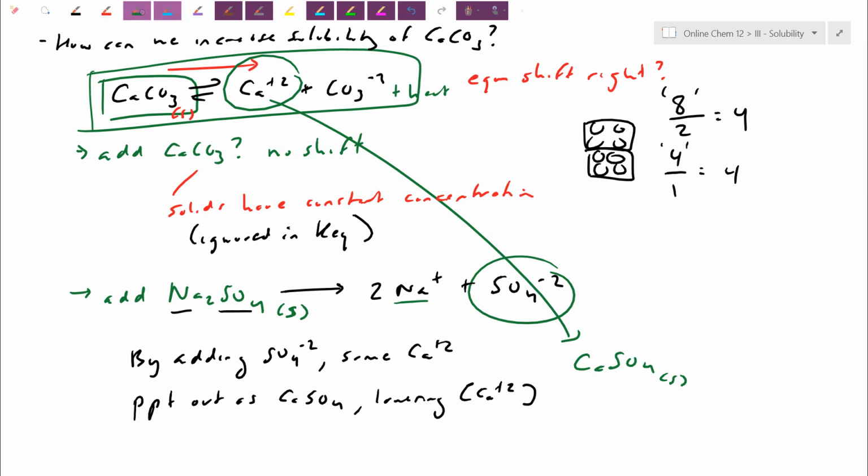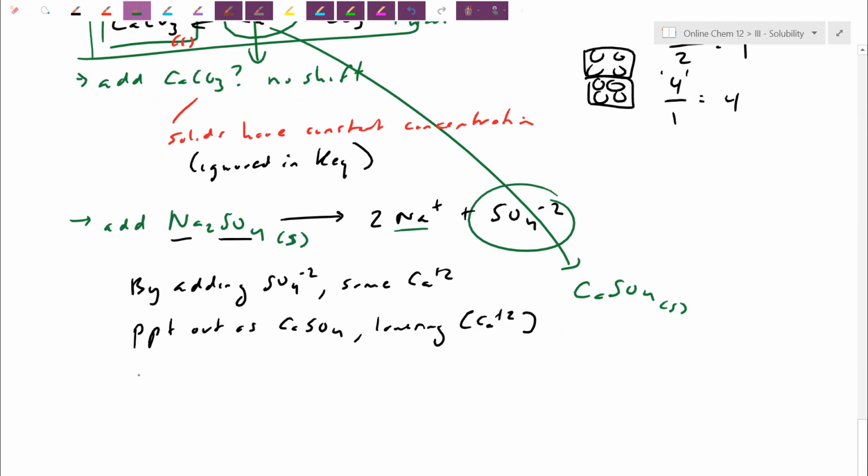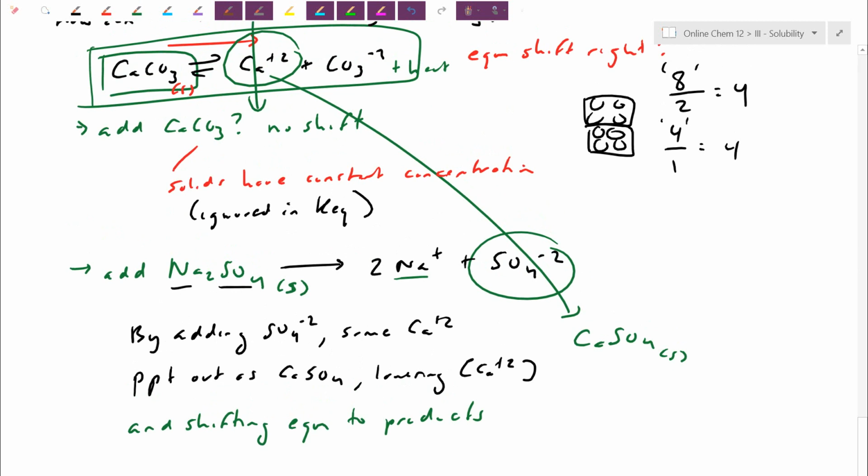If I'm able to pull a common ion downwards, this one here does change concentration because it is aqueous. I'm going to end up shifting the equilibrium to the right. So this one here does work, lowering the calcium and shifting the equilibrium to products and allowing more of my initial solid to dissolve. Yes, I sort of have to deal with this issue.